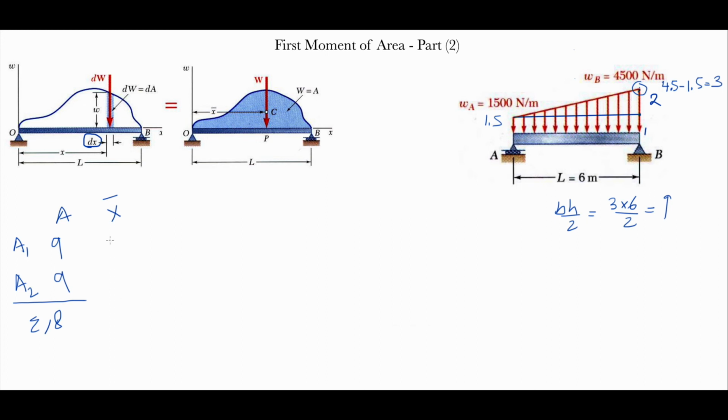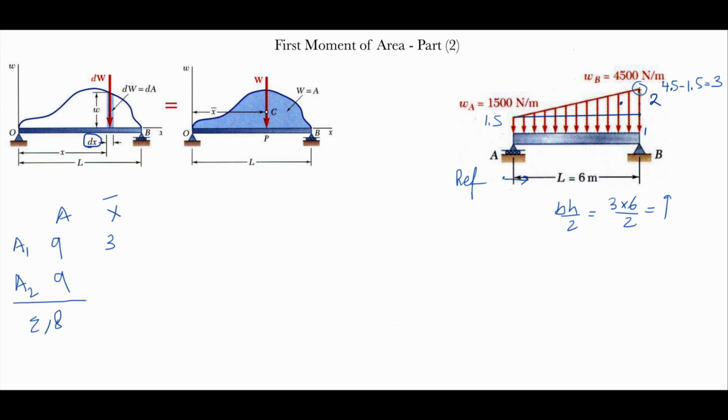So x bar for the triangle, starting from here, half of this distance, which is 3. So our reference is here, starting from here. So take half of the 6, which is 3, and from the previous video, we know that this is H over 3. H over 3 will give me the centroid of a triangle from here to here somewhere, right?